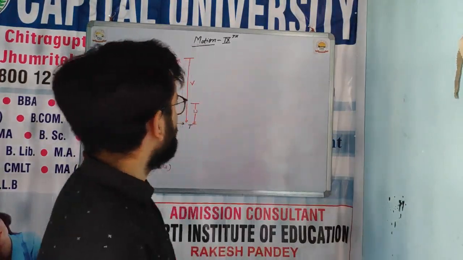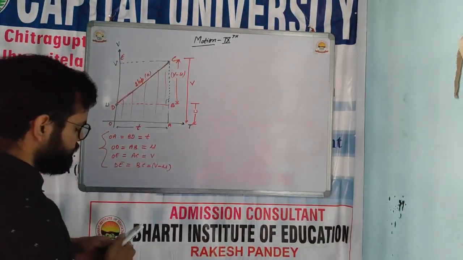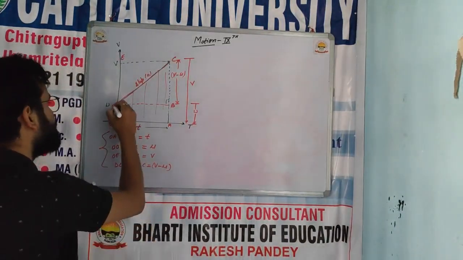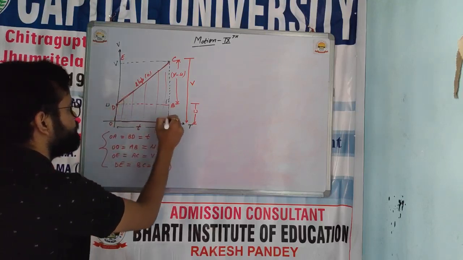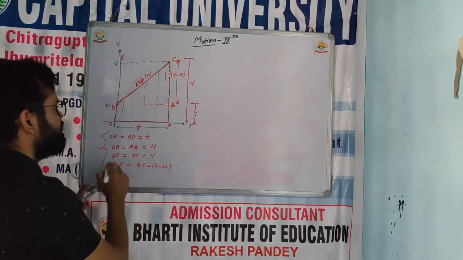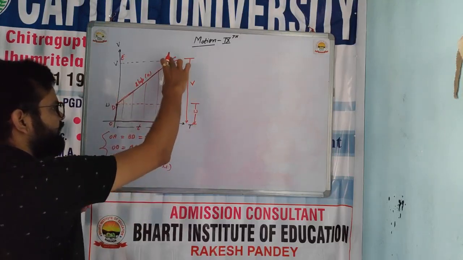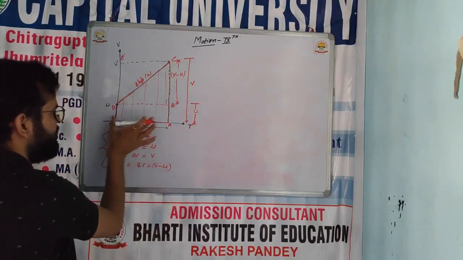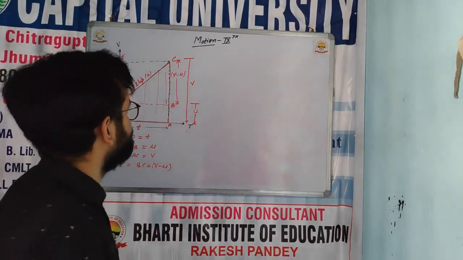So for finding the distance in this condition, we can find the area of this trapezium. This is a trapezium. Look here, the area of the trapezium can be found by using OD and AC, which are parallel, and BD or OA is the height, the distance between them.